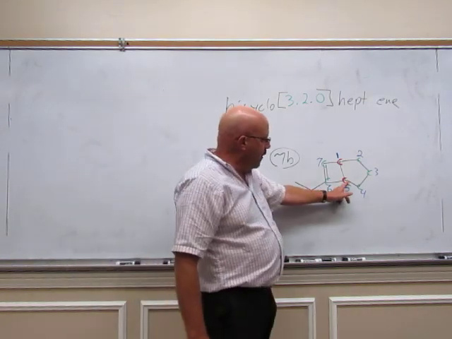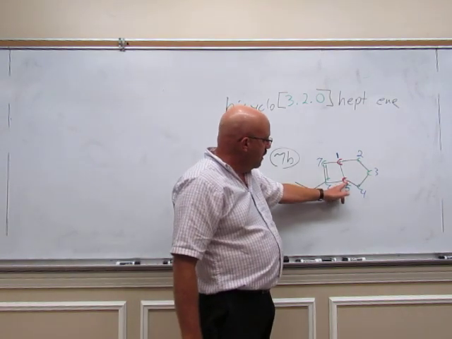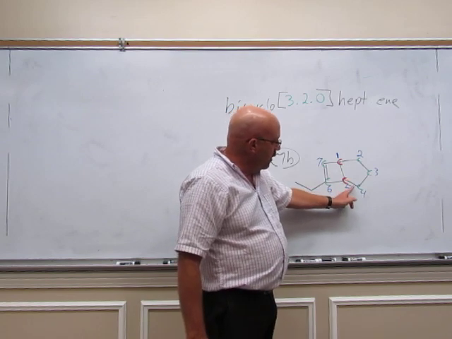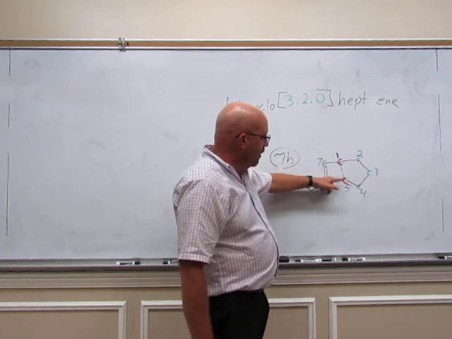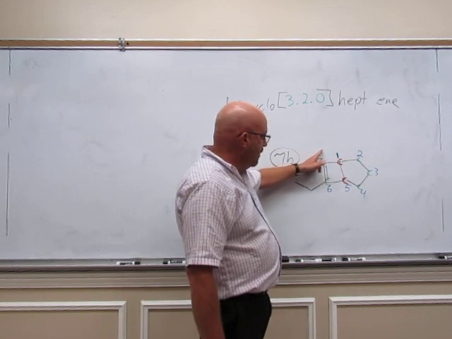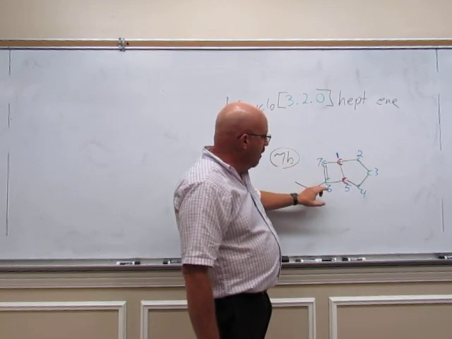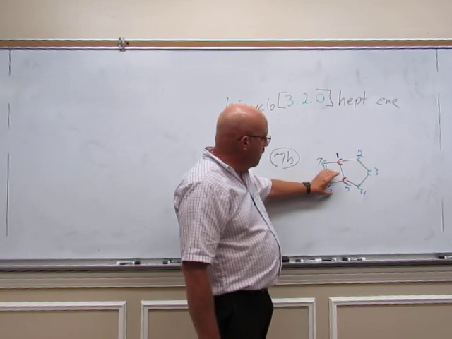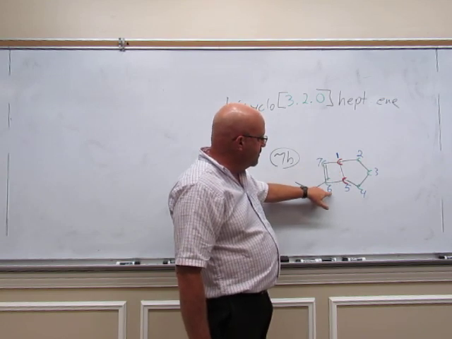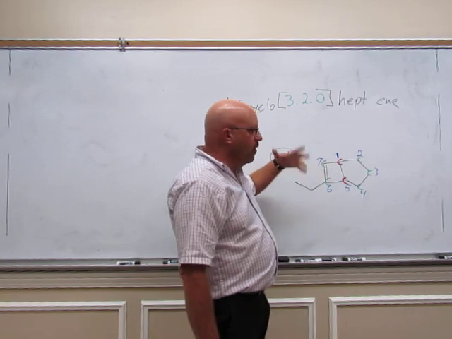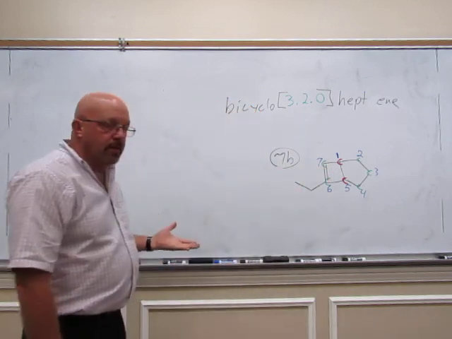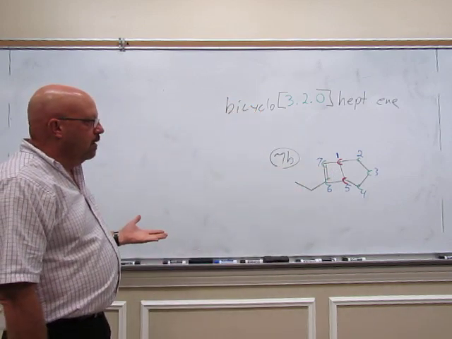If you had started with the other bridgehead carbon and made that number 1 and numbered on around, you've got to go into the bigger bridge first, and then into the 2 carbon bridge, you would have had the substituent on carbon number 7. It's smaller to have it on carbon number 6. Now the double bond is going to begin on number 6 no matter which way you go.